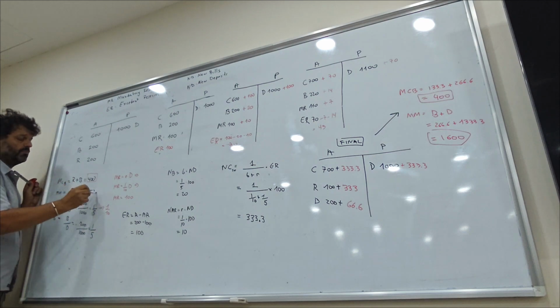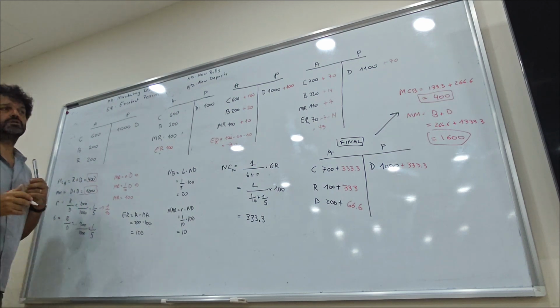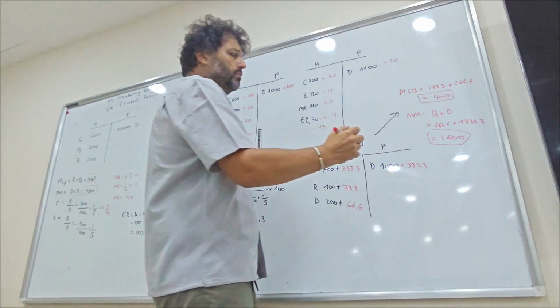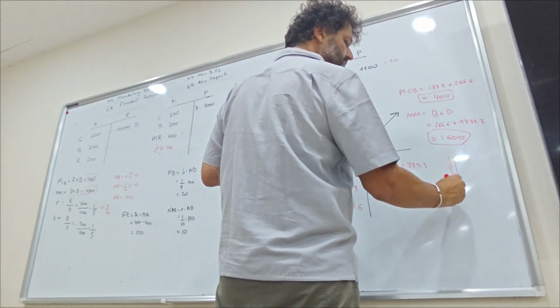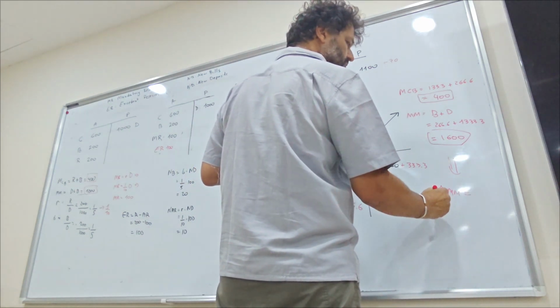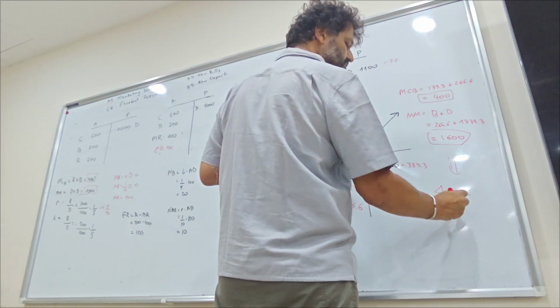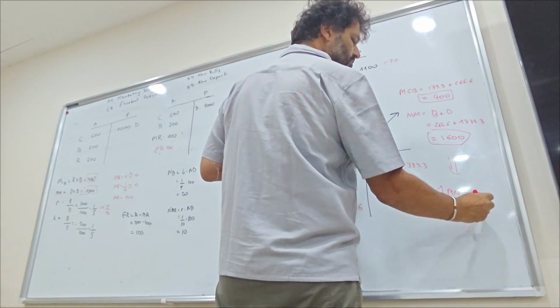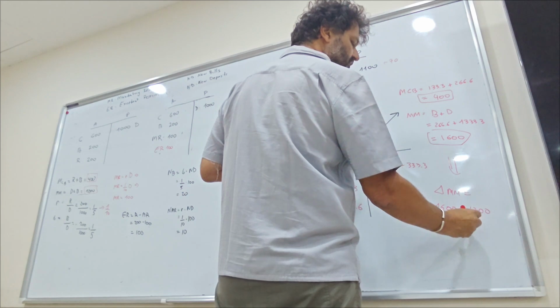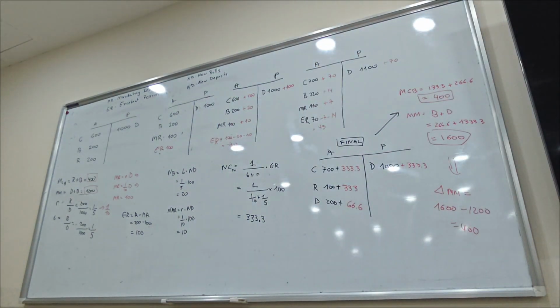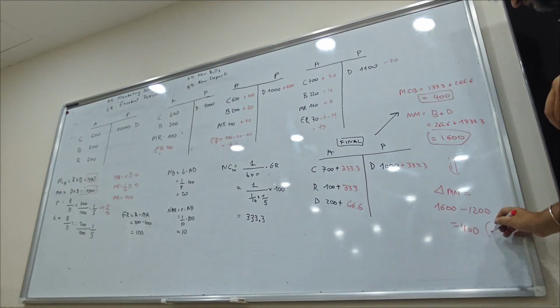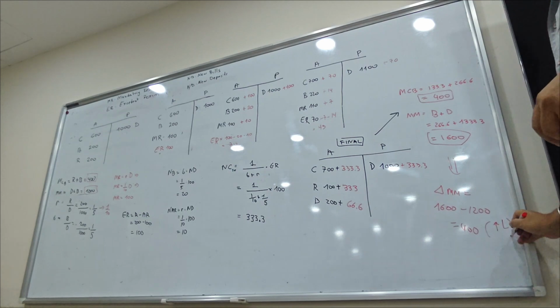The initial monetary mass was 1,200. So the difference in monetary mass is equal to 1,600 minus 1,200, 400. This is the way the central bank increased L. So this is the increase of L.